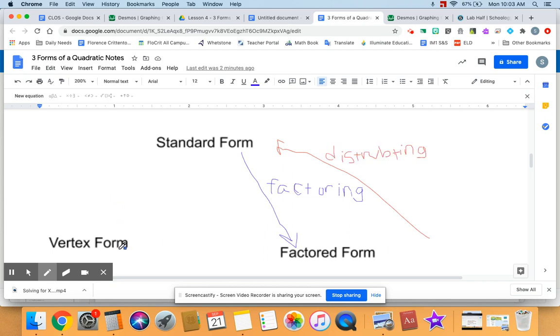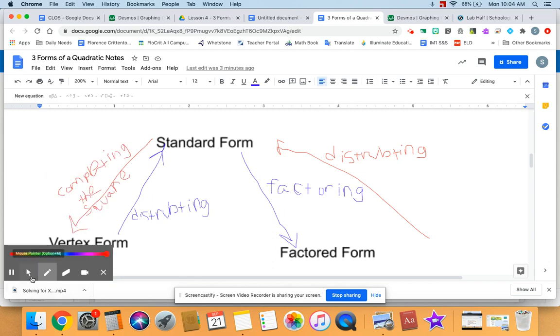You also know going from vertex form to standard form, and I'm going to show you how you already know that, but all you really do is distribute. It's just distributing again. A new one we're going to learn in this unit is if you started in standard form and had to go to vertex form, there's a process called completing the square.